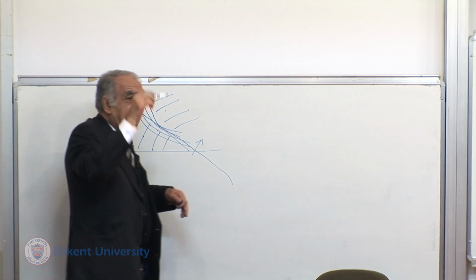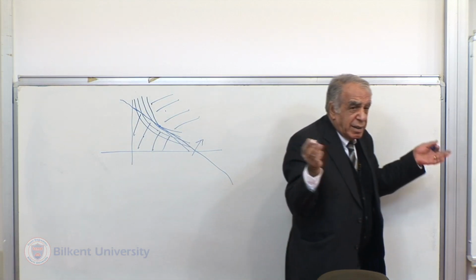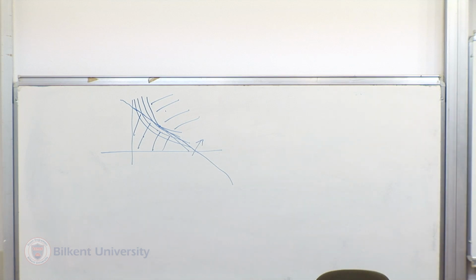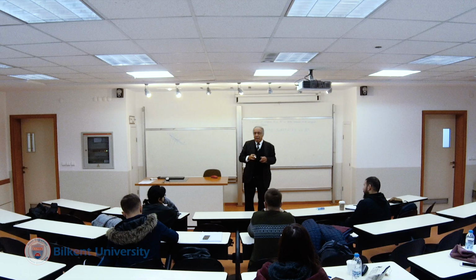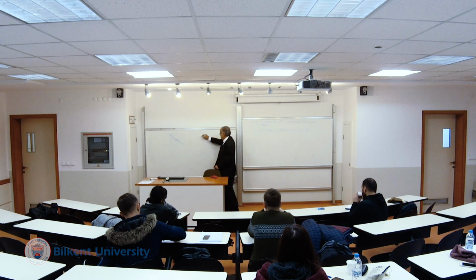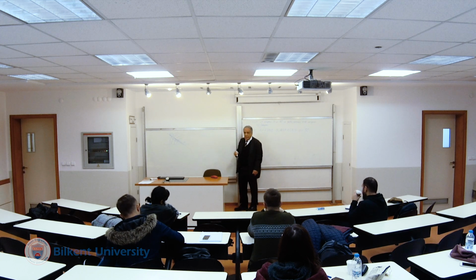In R3, if you have a line, it does not separate the space into two. What does separate R3 into two? It's a plane. Or if you go back to the one-dimensional case, what separates a line? It's a point.